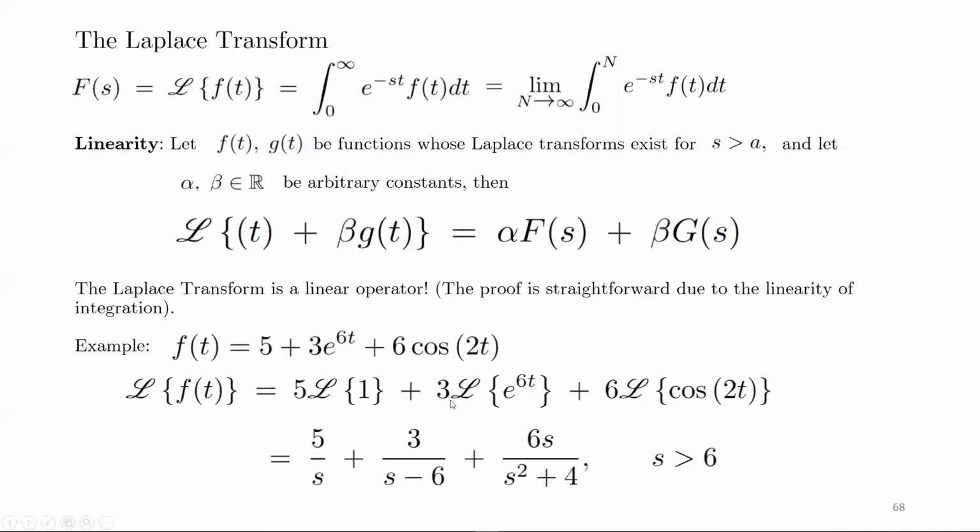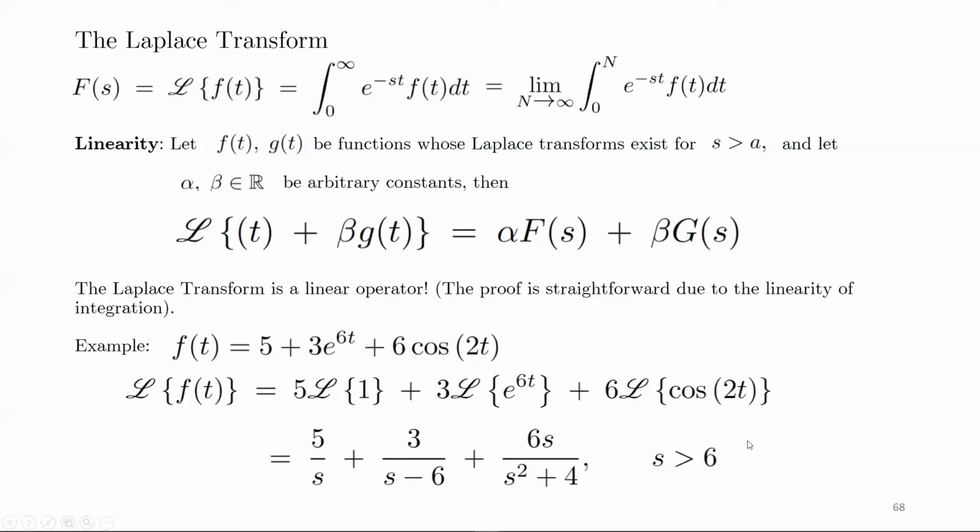So it turns out that 5 times the Laplace transform of 1 is 5 over s, plus 3 times the Laplace transform of e to the 6t is 3 divided by s minus 6, plus 6 times the Laplace transform of cosine of 2t is 6 times s over s squared plus 2 squared, which is 4.